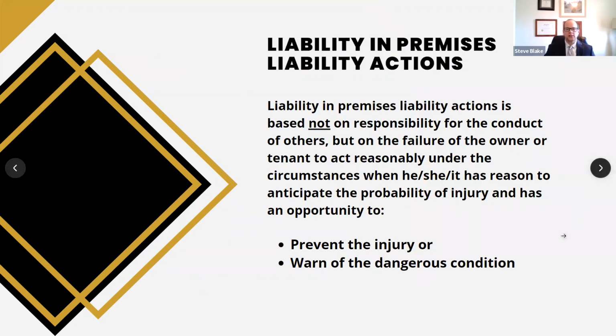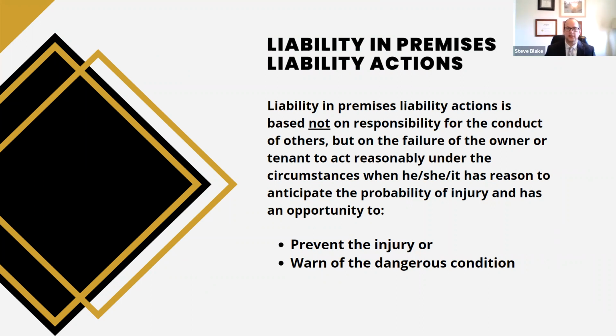And a concept that's important to understand is that a premises liability action is not based on just holding the owner of the property or the landlord responsible for the conduct of others in all circumstances. That's not what premises liability is.